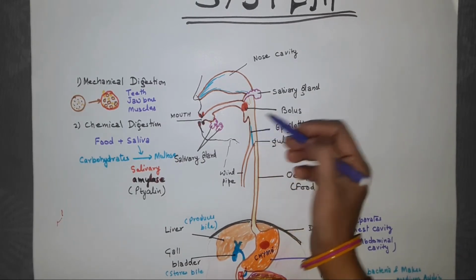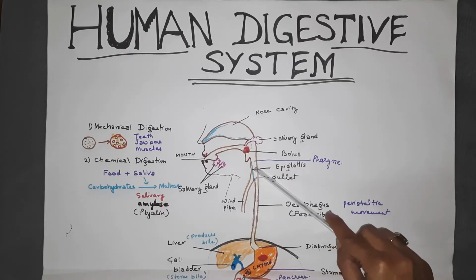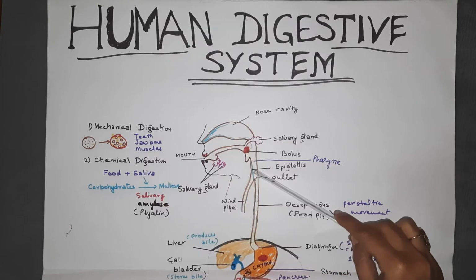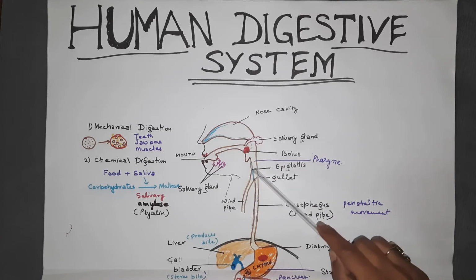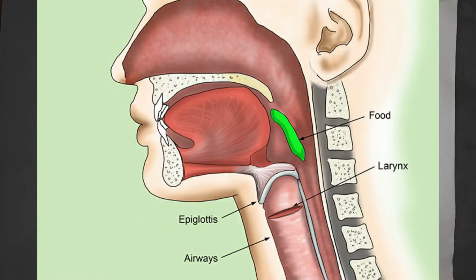Here is a junction, a place called the pharynx. There is a common passage which opens to the windpipe and the food pipe. Now when you are swallowing the food, what happens? The windpipe gets closed with the help of a muscular flap-like structure called the epiglottis.